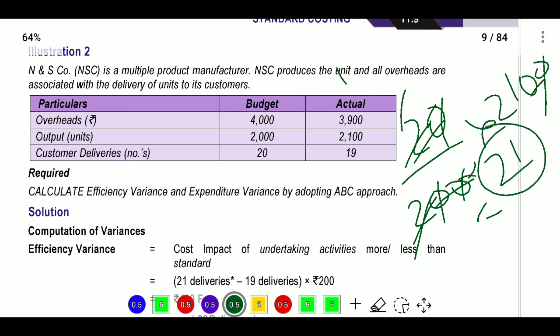It will be 21 deliveries. So when we take 2100 actual, it becomes 21 deliveries.